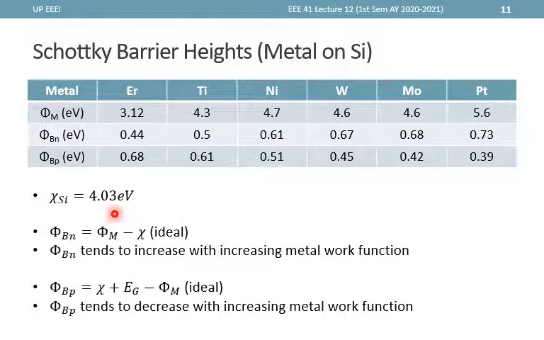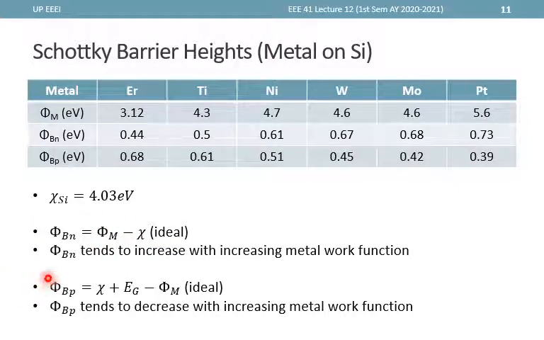However, we can still observe some trend right here, since from this equation we see that phi Bn tends to increase with increasing metal work function, since this one is a constant as we are always considering silicon. So higher phi m should lead to higher phi Bn. So higher phi m still gives some higher phi Bn, although not exactly as expected here.